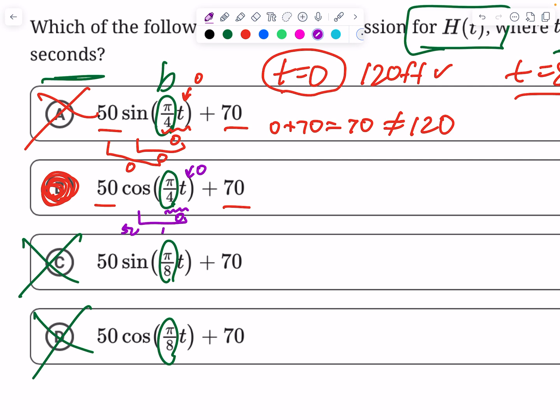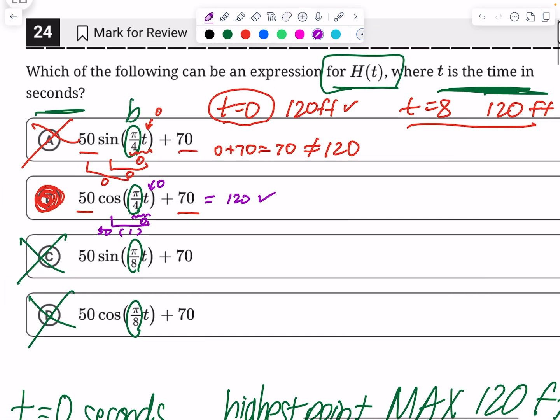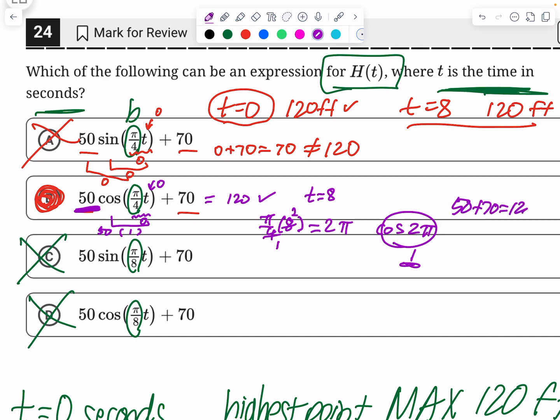And then 50 times 1 is 50, and then plus 70 is 120, which worked out. And just to prove that it even works out for t equals 8, we have pi over 4 times 8, which is 2 pi. And then cosine of 2 pi is 1. And then 50 times 1 is 50, plus 70 is 120. So it worked out.